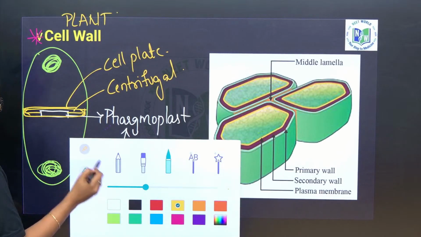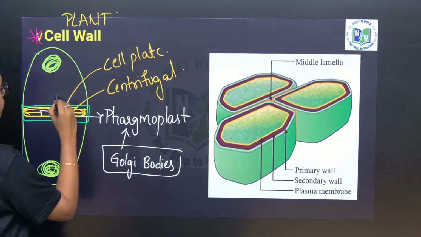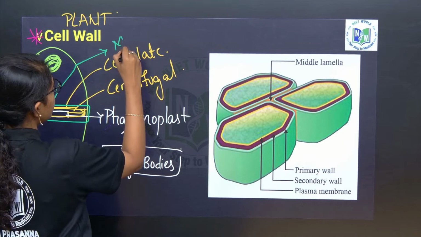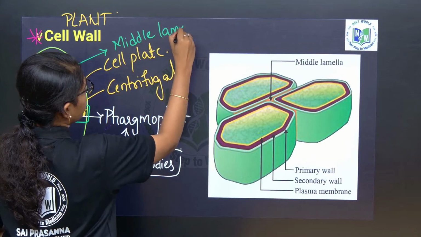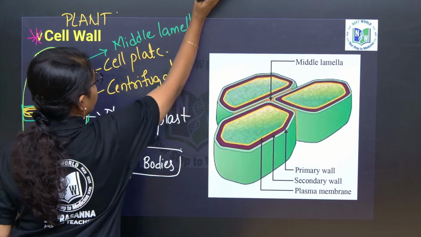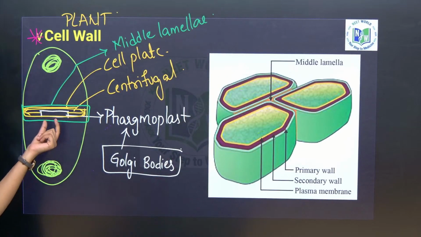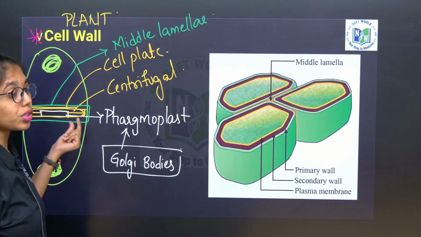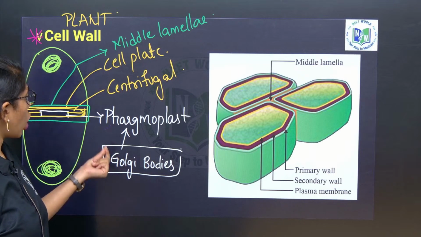Clear? So, first initially phragmoplast is produced, synthesized from Golgi bodies.